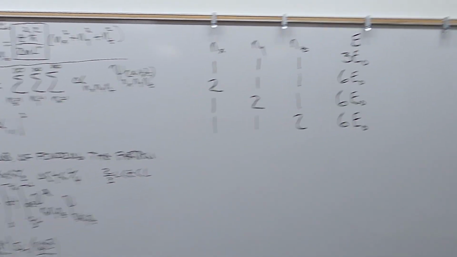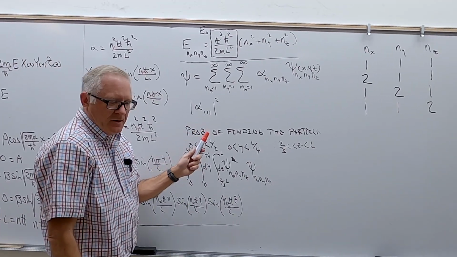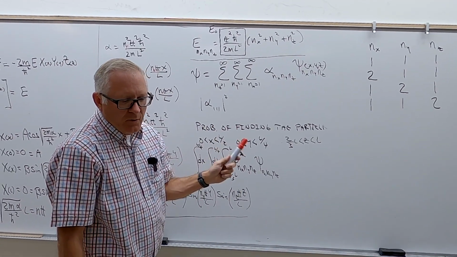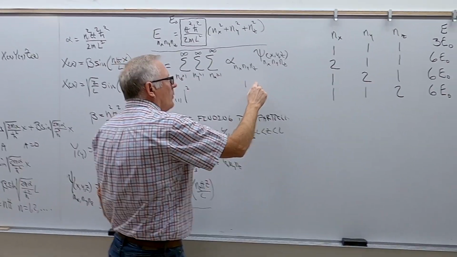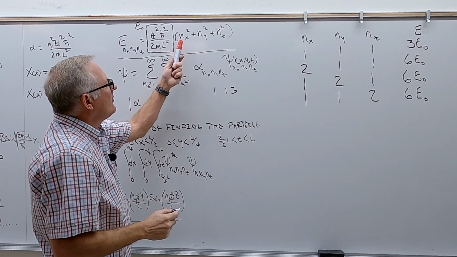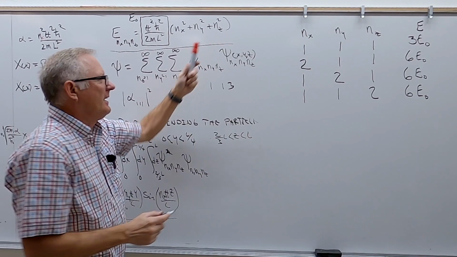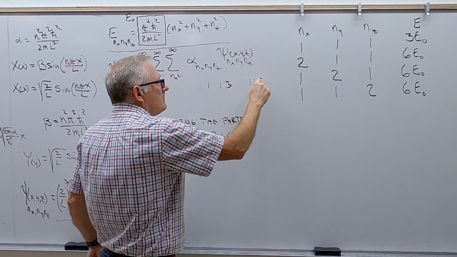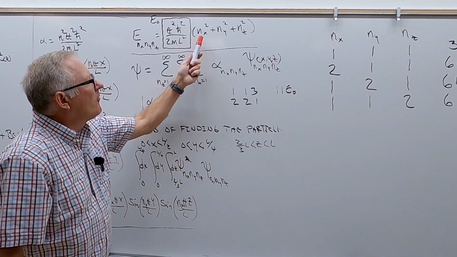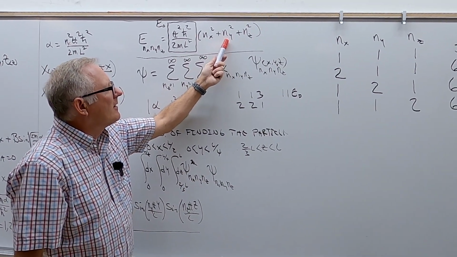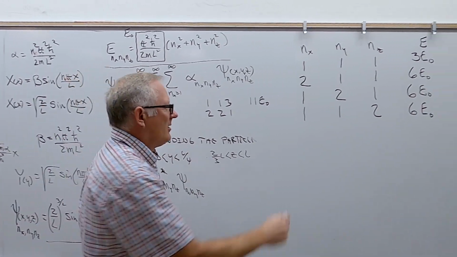If we look at the next one, the next one up would be 1, 1, 3 or 2, 2, 1? 1, 1, 3 would give you 1 squared plus 1 squared plus 3 squared. That would be 11 E naught. What about 2, 2, 1? That would be 4 plus 4, 8, 9. So it looks like 2, 2, 1 is smaller.